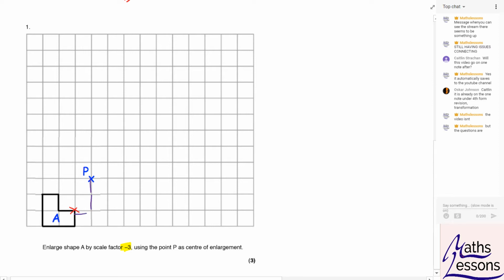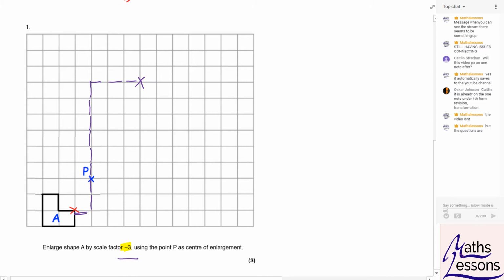Then it's a scale factor -3, so the distances are going to be trebled, but we're going to go the opposite way. So we'll go 1, 2, and if we want to treble it, we need to go to 6, don't we? 3, 4, 5, 6 up, and we went 1 across. Now we're going to go in the opposite direction, 1, 2, 3, and our new point is going to be here.